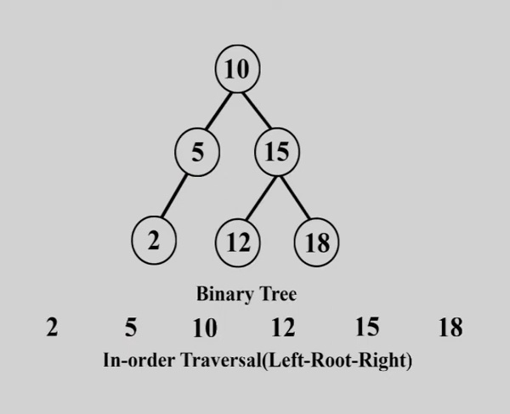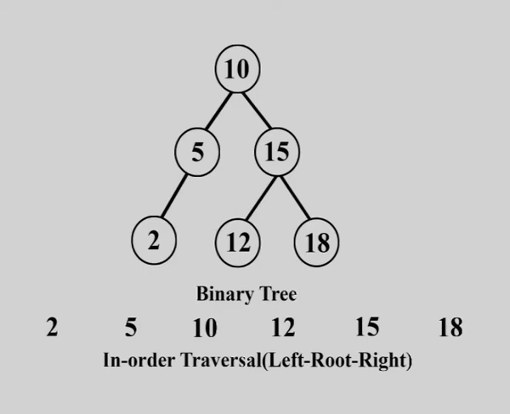In the left subtree of 5, there is only one element, 2, which will be traversed. After traversing 2, the node 5 is traversed. Now it is the turn to move to the right subtree of node 5, which contains no element. At this stage, the left subtree of node 10 has been traversed, so it is the turn of node 10.